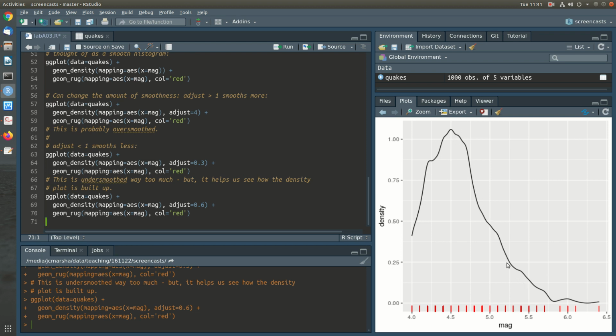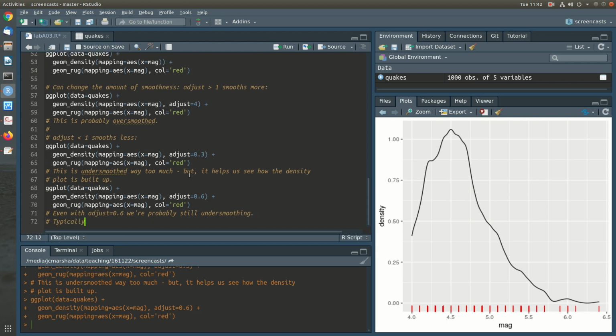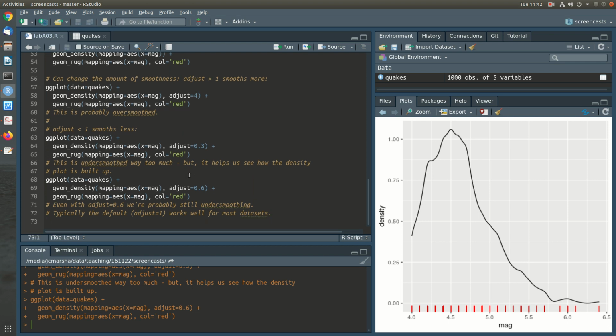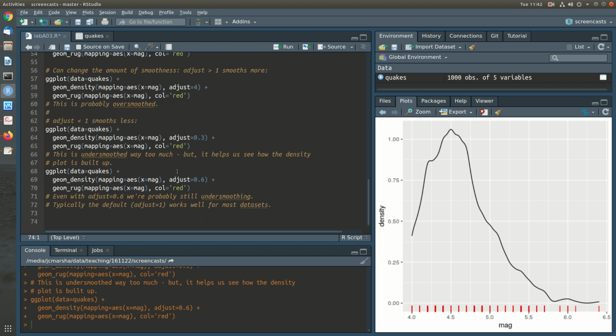There's a lot of little changes in direction that probably aren't actually true to the data. So typically the default, which is adjust equals 1, works well for most data sets. Okay, so that's the density.